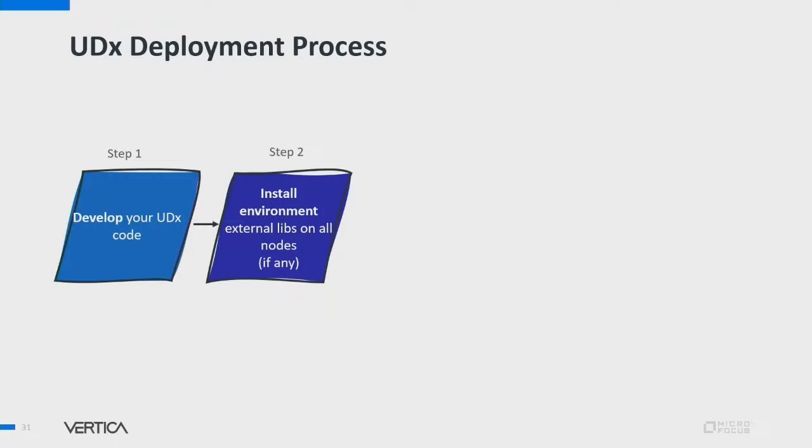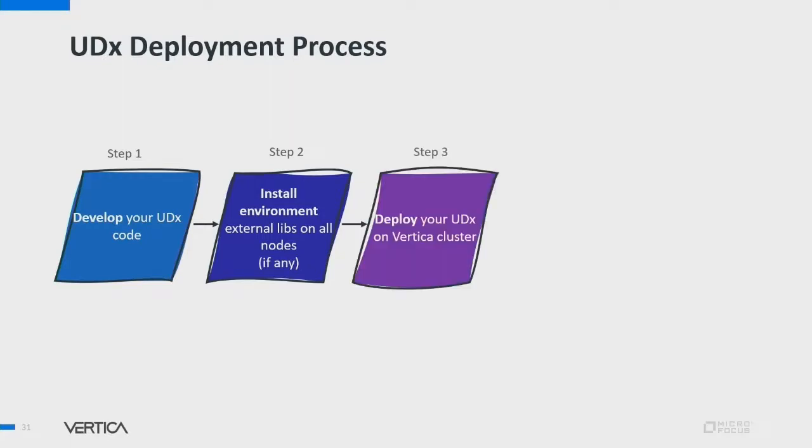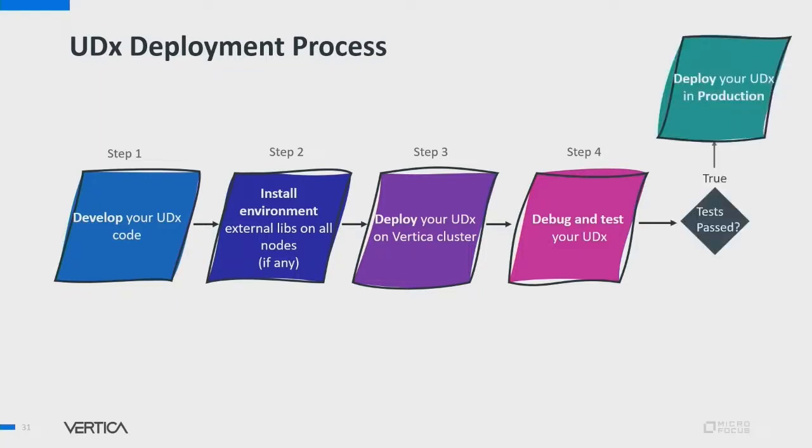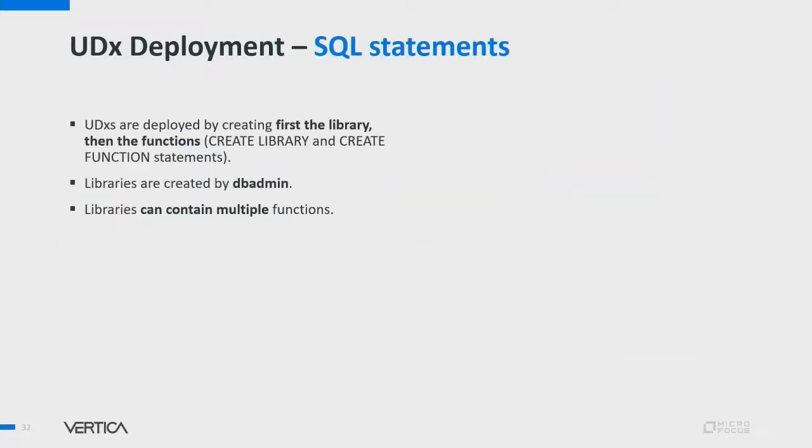And that step is extremely important if you are developing UDXs in R, which require installing additional packages for R. Once it's done, you can deploy to Vertica on the particular cluster in your testing environment. Then you can debug and test your UDX in that environment. Once all your tests pass successfully, you can deploy to production. But if not, you have to try to correct all the bugs in your UDX.